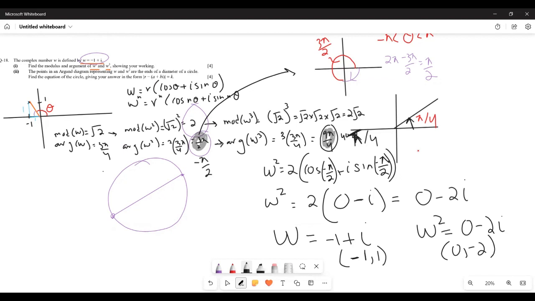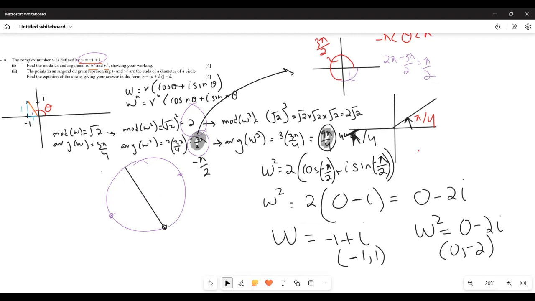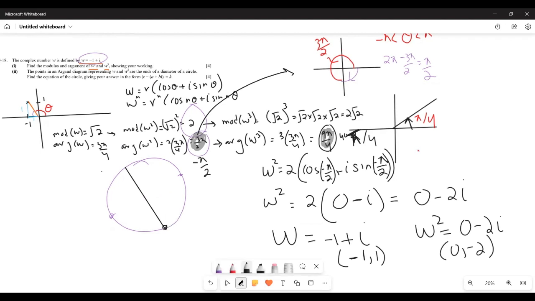So where would these be around the circle? Something like this. This would be 0 comma minus 2, and that would be minus 1 comma 1.